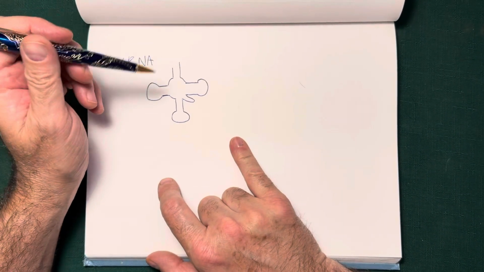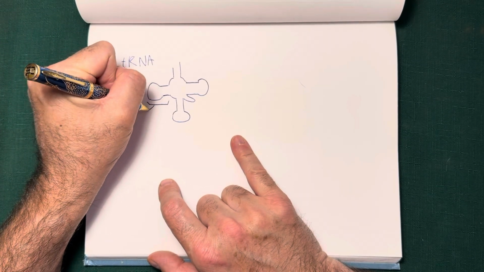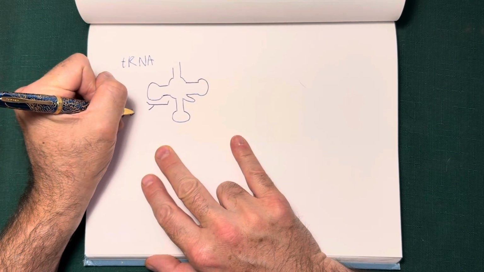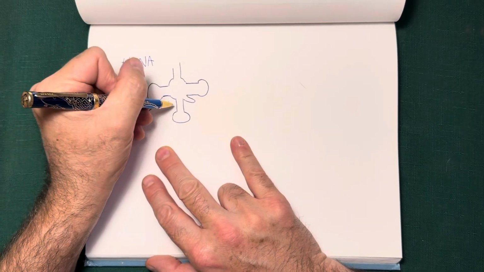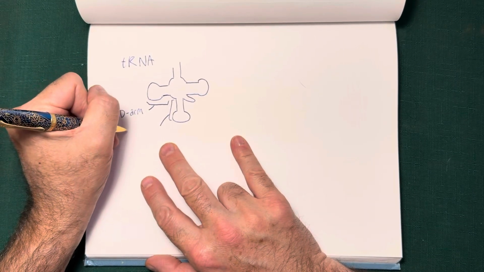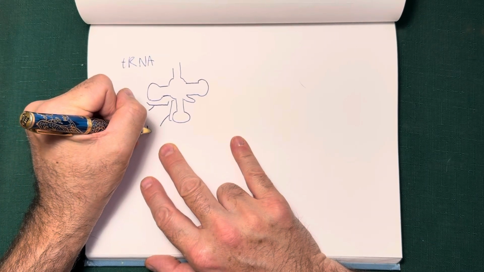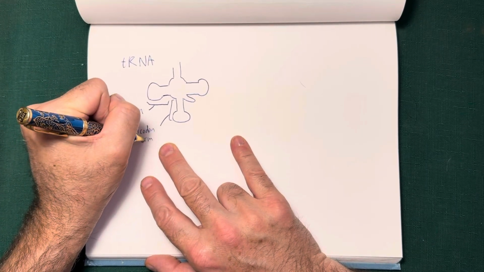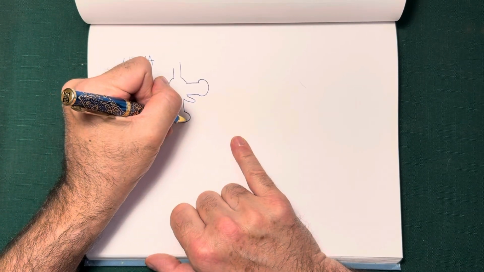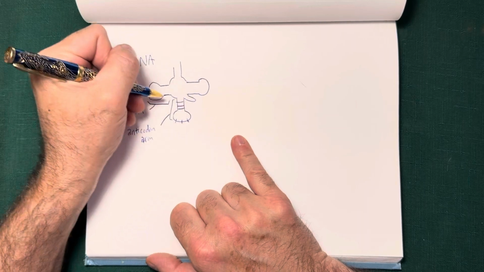with 4 different arms. So here we've got what's called the D arm, sometimes called the DHU arm. Here we've got the anticodon arm, with our anticodon being 3 nucleotides right there.